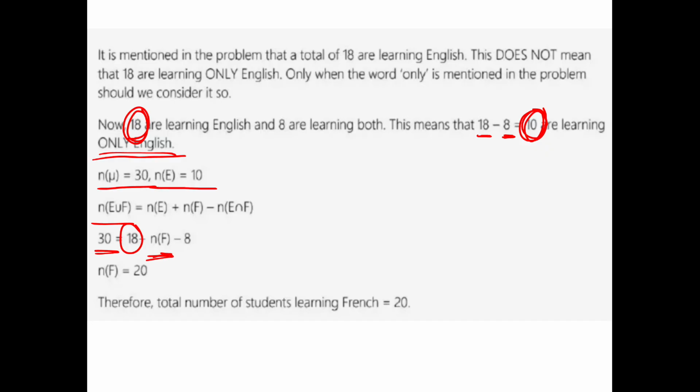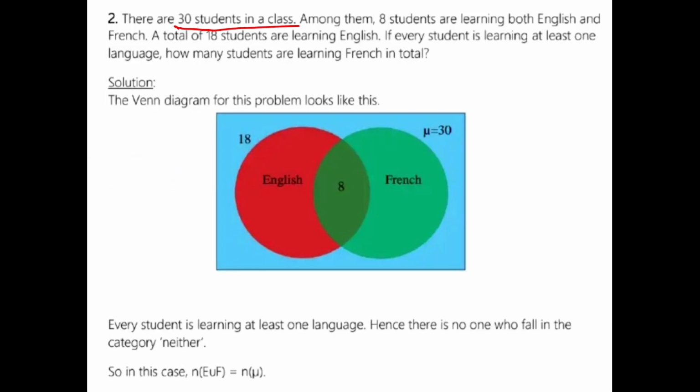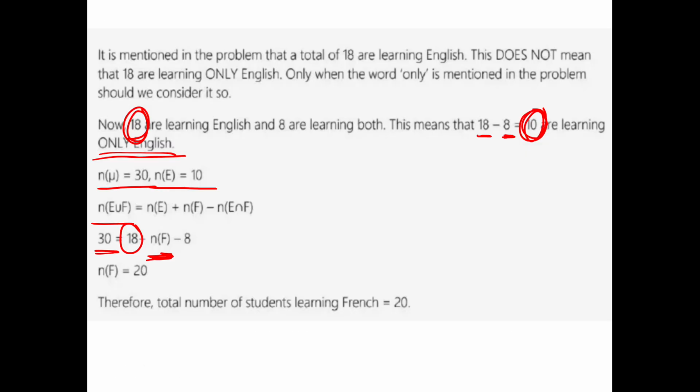NF has no value yet because that is what we are looking for: how many students are learning French in total. Then minus E intersection F.